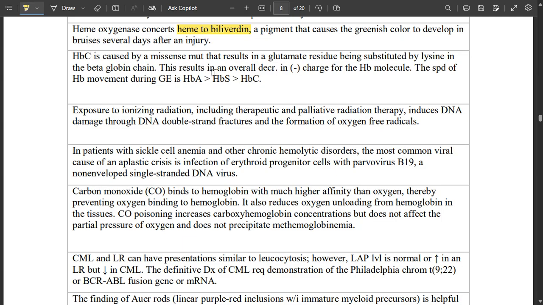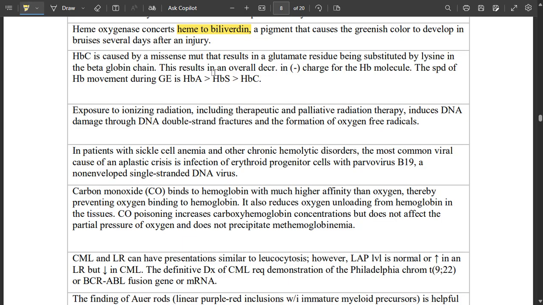This results in decreased negative charge of the hemoglobin molecule. Glutamate is a negatively charged amino acid, and its replacement results in an overall decrement in negative charge of the hemoglobin molecule.